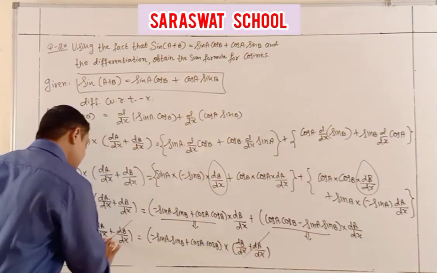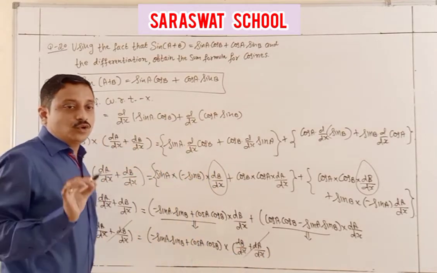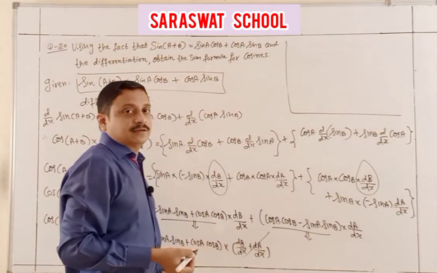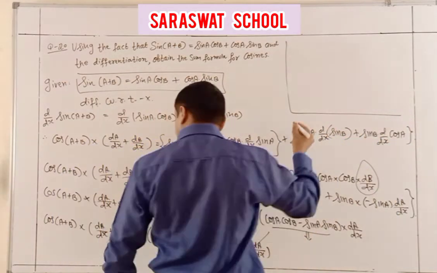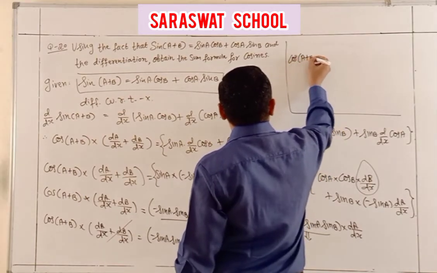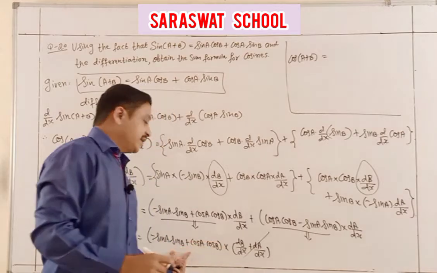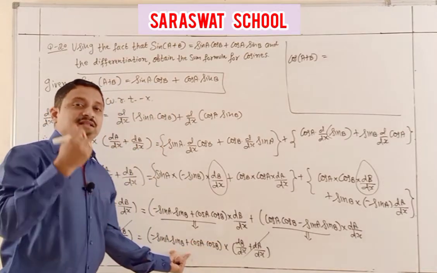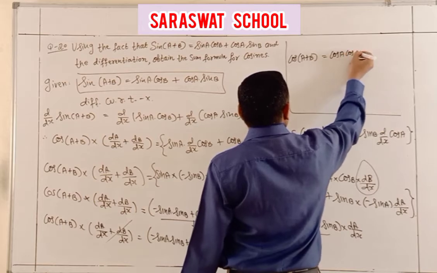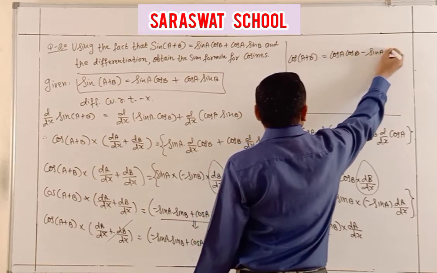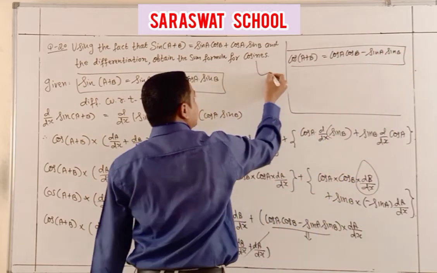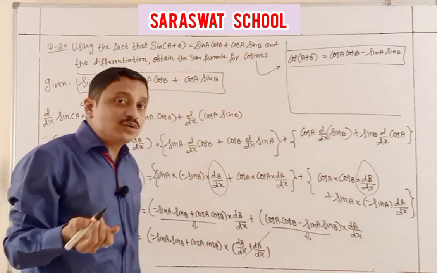Check these and this cancel. You get only, after that we write down the last step: cos of A plus B is equal to this value only. And I rewrite that: cos A cos B minus sin A sin B, and surely you know that this is the derivation of the cosine rule.